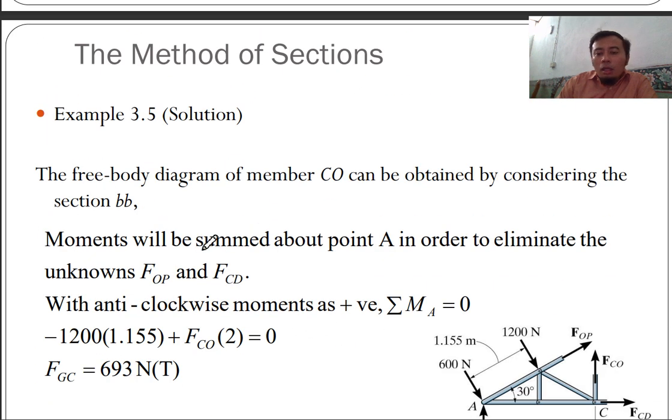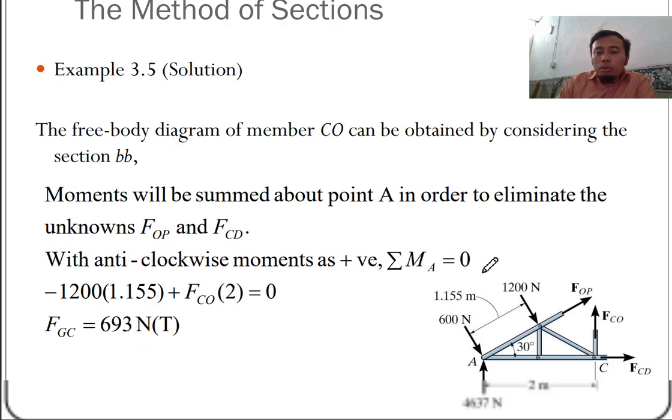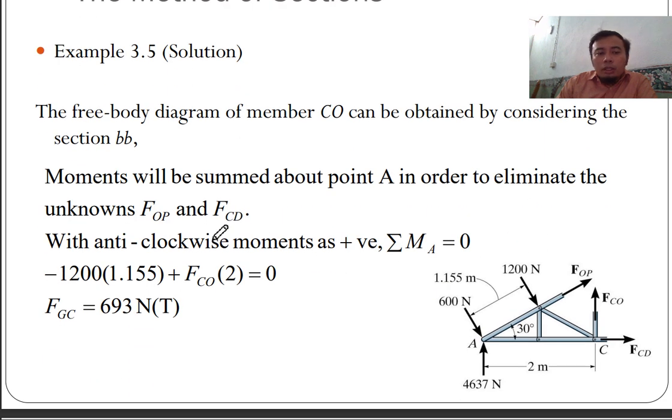So next is CO. CO, we cut at B. So moments will be taken about point A in order to eliminate FOP and FCD. So take that point A. FOP is cancelled out, no moment arm, and FCD also doesn't have any moment arm. So with anti-clockwise as positive, 1200 times moment arm of 1.155.